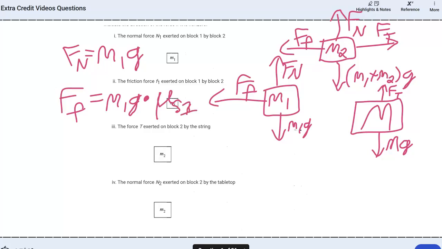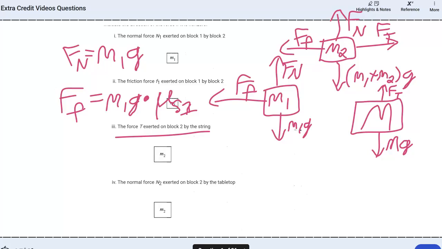Okay. The force T exerted on block 2 by the string. Since the objects are at rest, our force of tension is going to have to equal our frictional force.